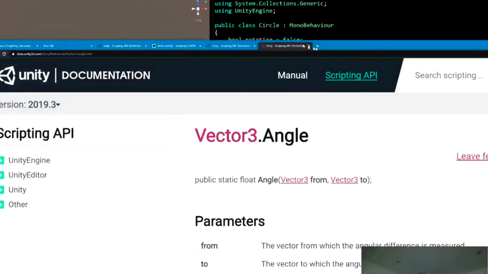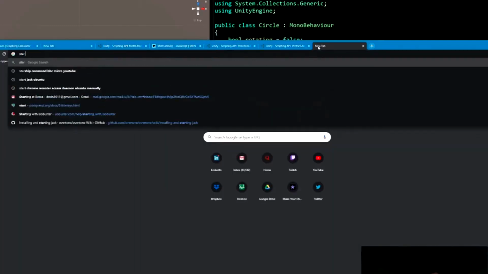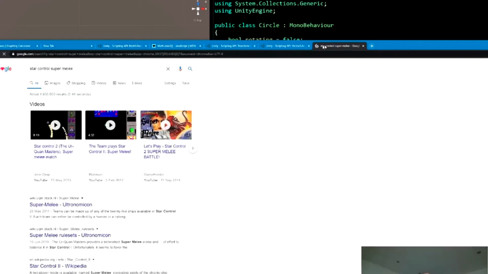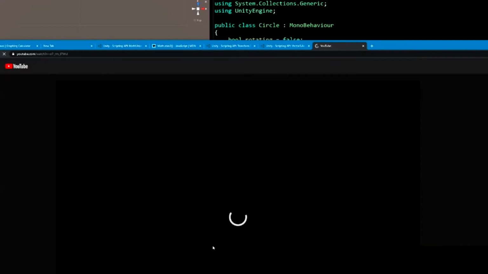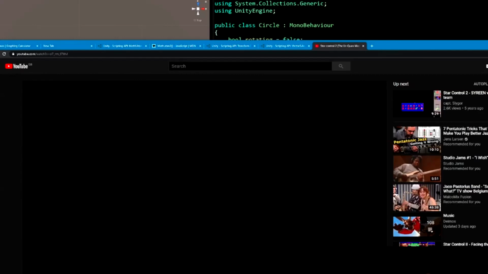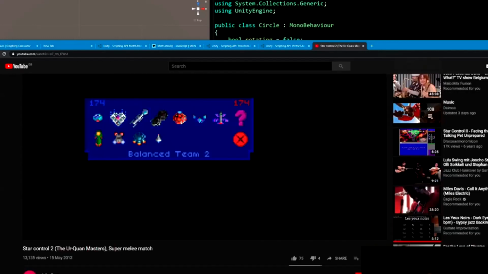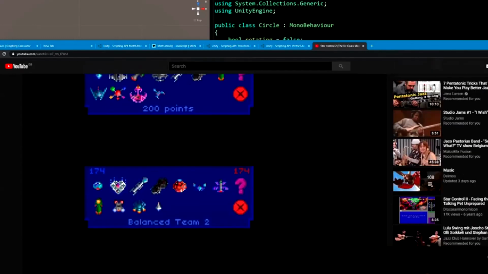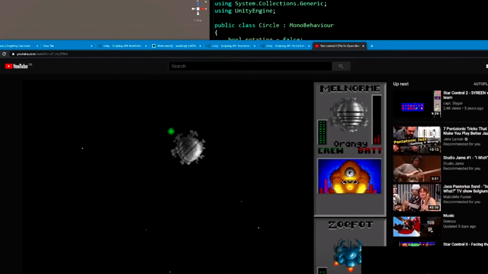Like Star Control. Hey Zagu, how you doing? Good to see you. Star Control Super Melee. I'll take a look at that. What was this from? 92.